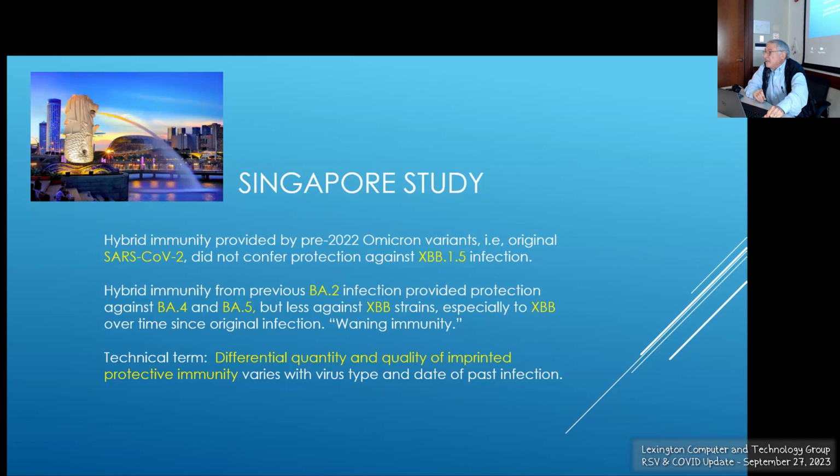But to say it was likely is a different question. I think with the MWRA data, I think not, because you'd have spikes by clinical manifestations of disease. So the technical term is differential quantity and quality of imprinted protective immunity varies with the virus type and date of past infection.